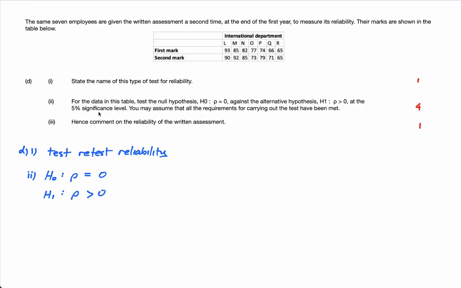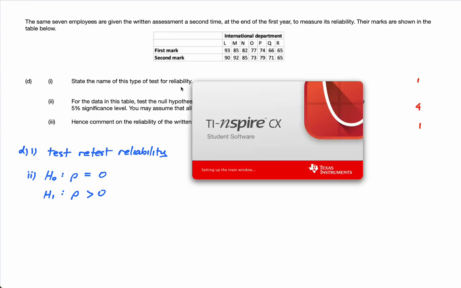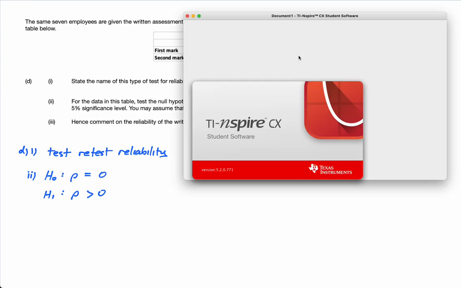Use a 5% significance level, and assume all requirements have been met. This is a nice easy 4 marks, guys, if you know what buttons to press on your calculator. It is the linear regression t-test, and we just need to sub in these numbers, and away we go.